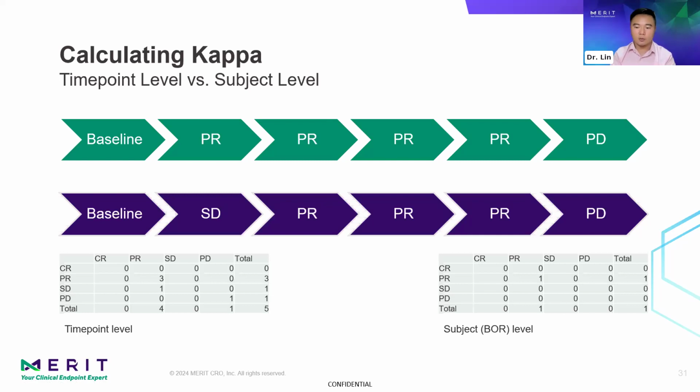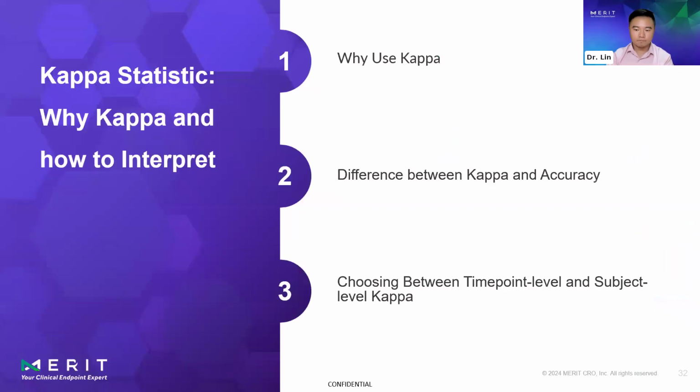But of course, it will provide less detailed information about consistency patterns across visit points. So the choice between time point level and subject level kappa will depend on the specific goals and the priorities of the variability evaluation.